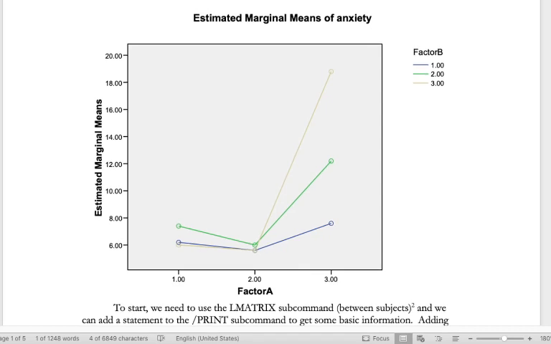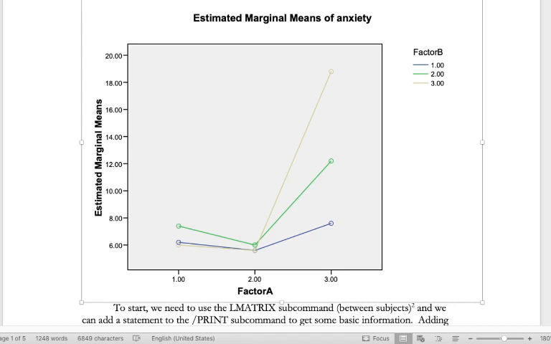Going back to this, I'm very much a visual person, so A3, B1 versus A3, B3. We want to compare the bottom blue dot to the top yellow dot on the far right.